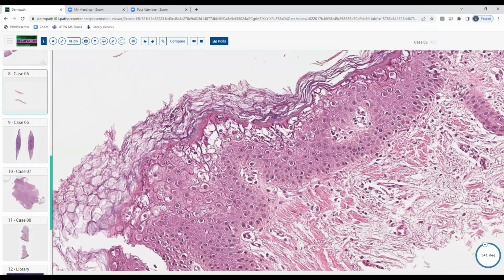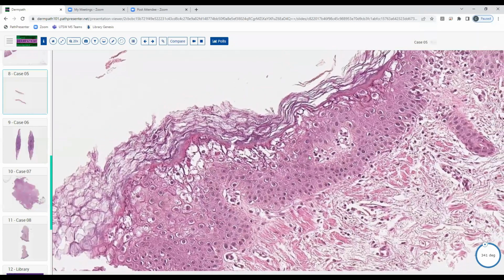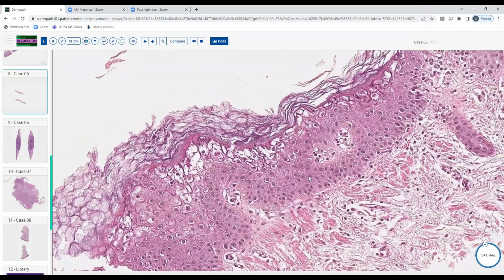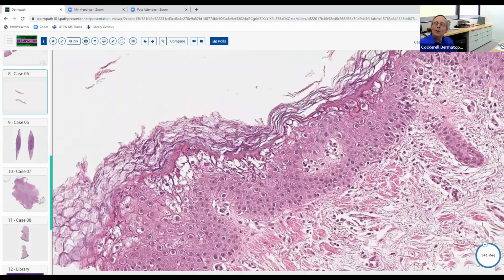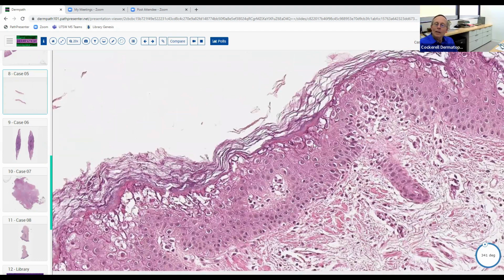So does that call to mind any reaction pattern? It does not. Okay, well, let's see if we can figure it out. So this is the epidermis. And when we talk about cells becoming degenerated or breaking apart or maybe exploding, what do we call that phenomenon?